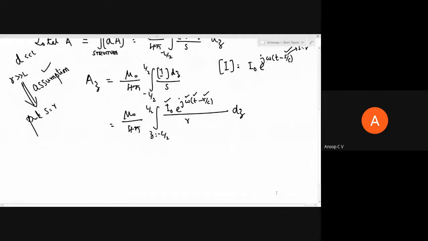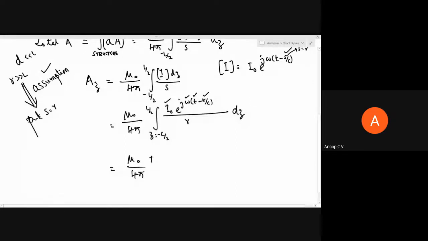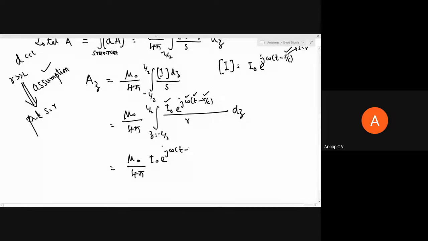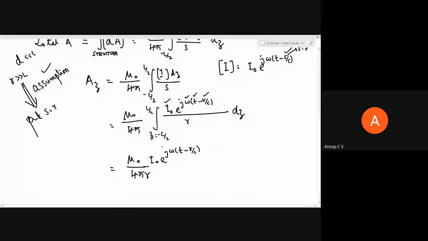So this is equal to mu naught by 4 pi I naught e power j omega t minus R by C, divided by R, times integral dz from minus L by 2 to L by 2.